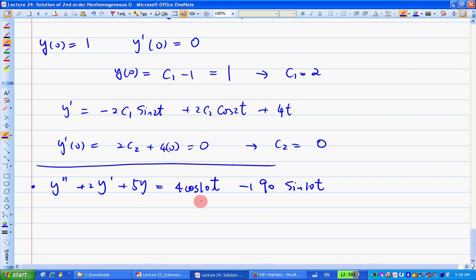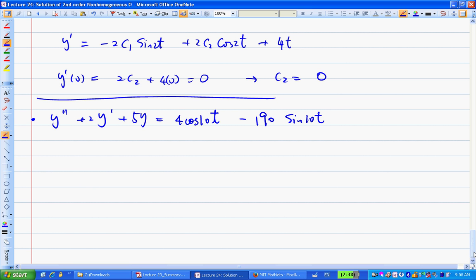The input on the right side is 4 cos 10t minus 190 sine t. I need to emphasize a little more here: when I say integral, I think I mentioned this in 248, this is not an integral. You have to have whatever you're integrating with dummy variables, right? So make sure you write everything properly.